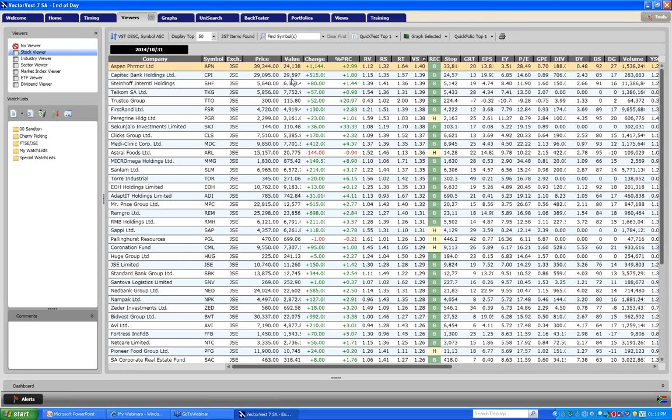Now, the first proprietary number in Vectorbased is the value. Vectorbased looks at the last 5 years, and it looks at the cold, hard numbers in the balance sheet, income statement, cash flow statement, sales, and it puts a value to every share in the database.